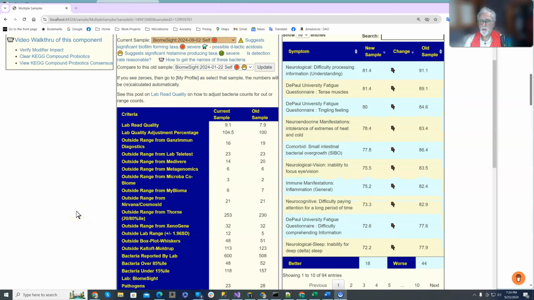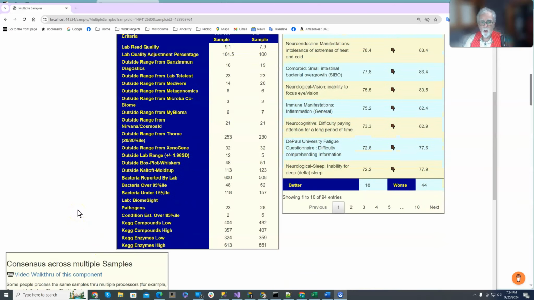The first thing you need to do always, so you don't misinterpret, is go down to bacteria reported by the lab, because sometimes the lab gets better samples, sometimes worse, sometimes there are processing hiccups. So you want to take a look here, and what we see is he had 500 in his last summer. He now has 600.